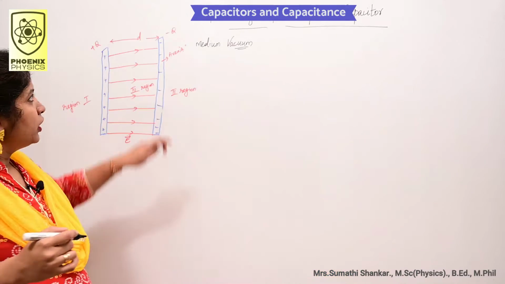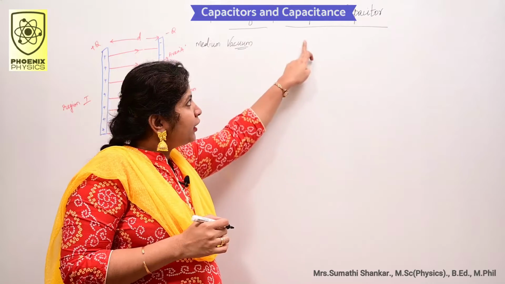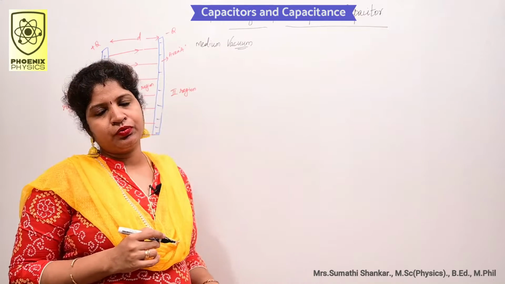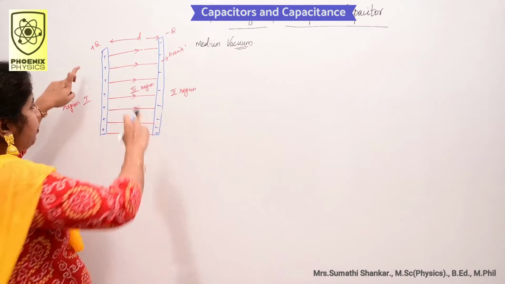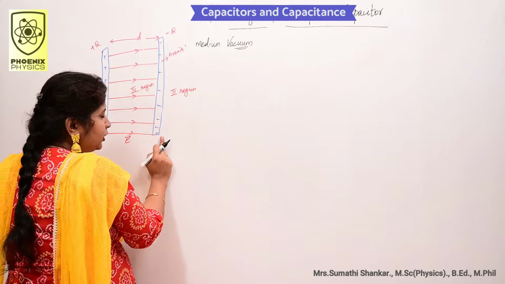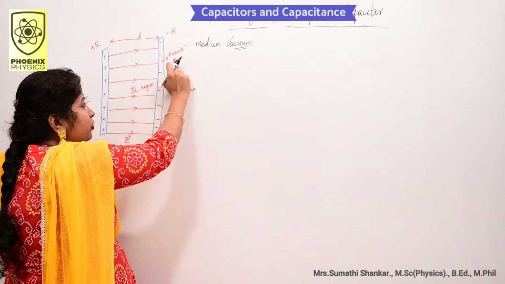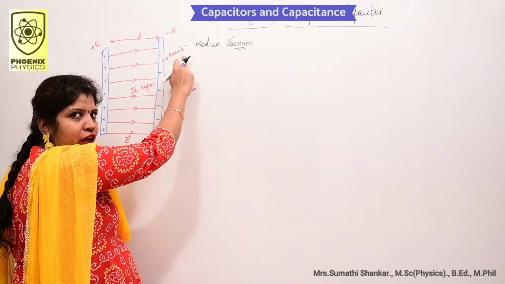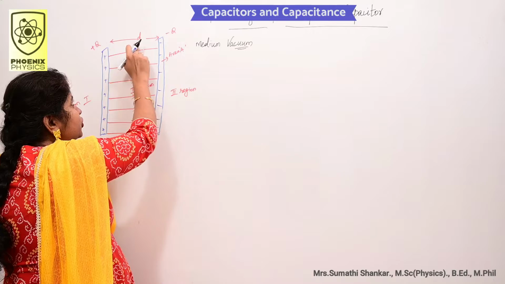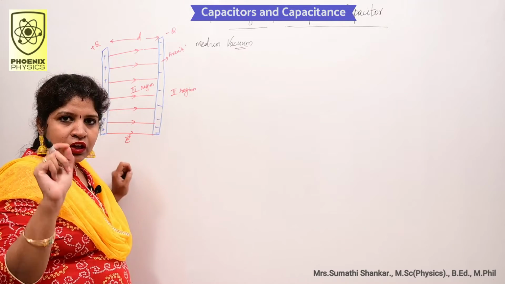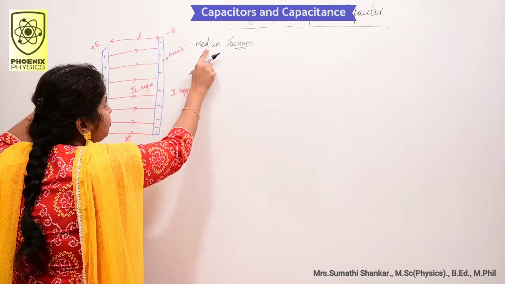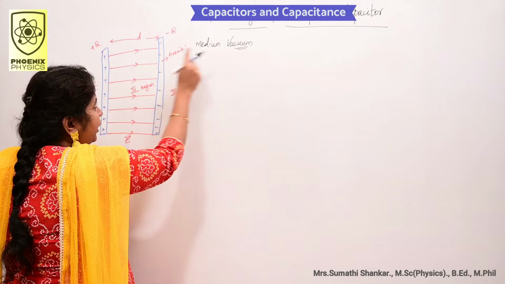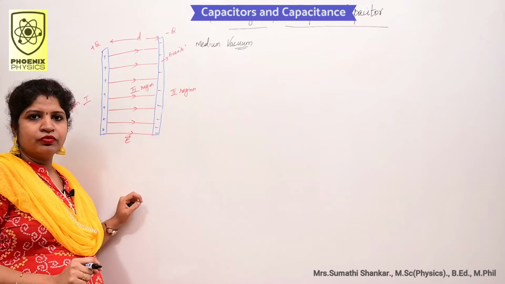Next topic is capacitance of a parallel plate capacitor. Consider a capacitor of two parallel plates, each of cross-sectional area A, separated by a distance d. Assume that the medium between the two plates is vacuum.